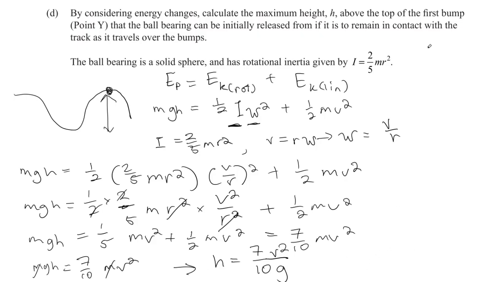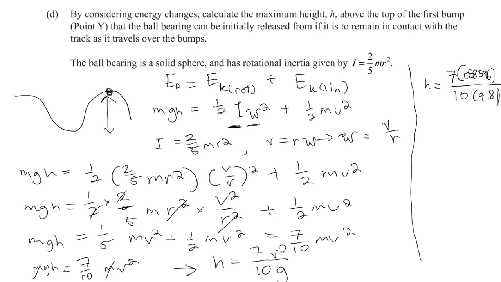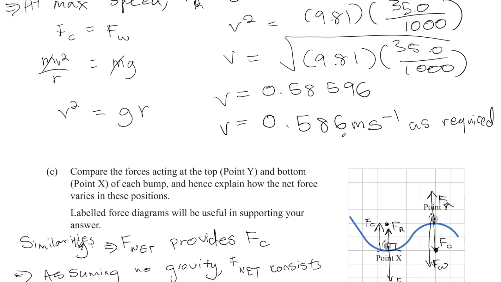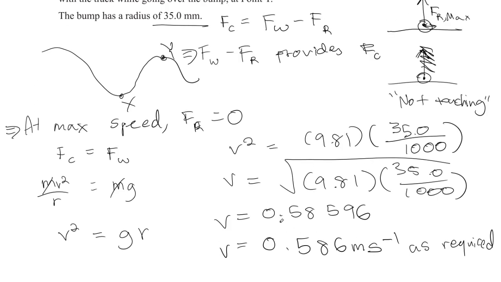Now we can finally plug in our values. So h equals 7 over 10, and the velocity is 0.59596. I forgot to show here that I squared the velocity. If you're wondering how I got the velocity, it's from this unrounded version.